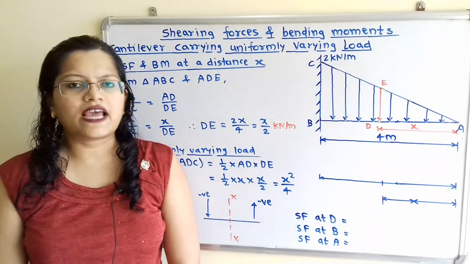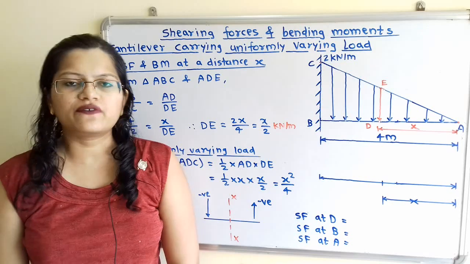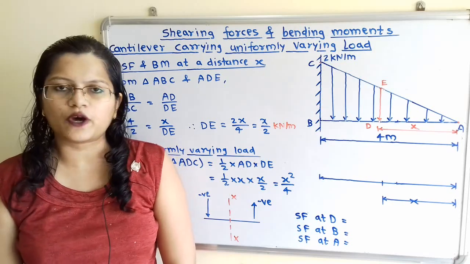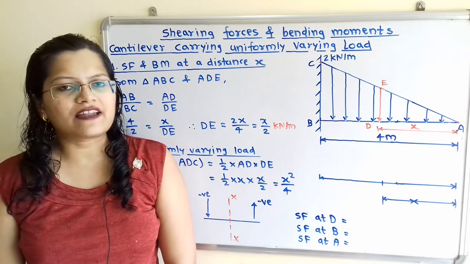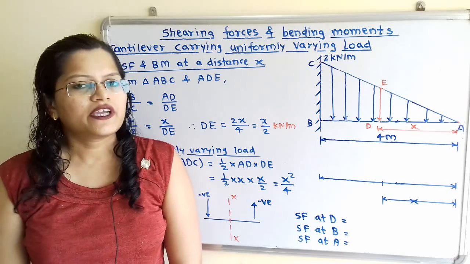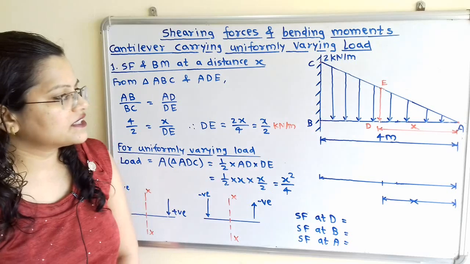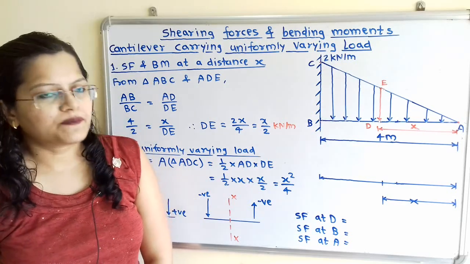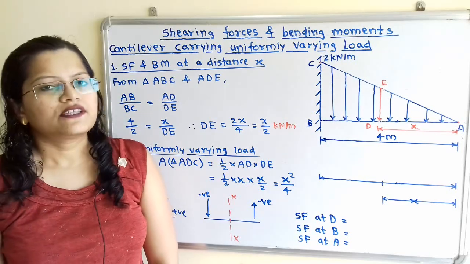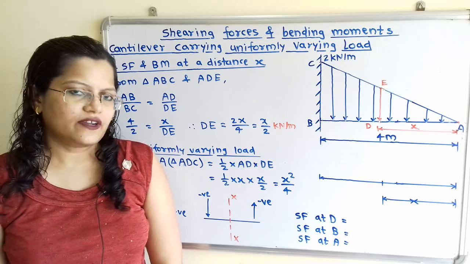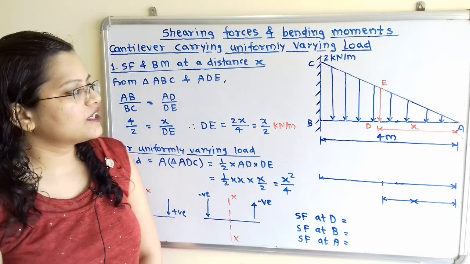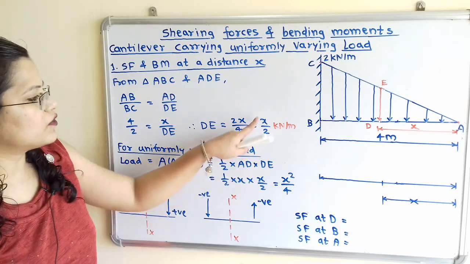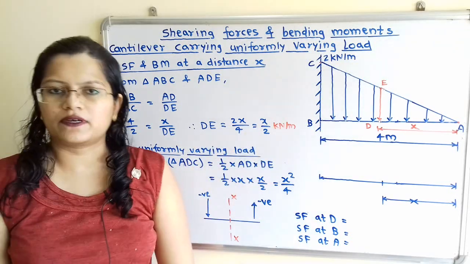We will understand how to calculate shear force at a distance x from the free end A. We have to first calculate the total load. If we observe the distance x, that is the span AD, then the load is uniformly varying, where the load at point A is equal to 0 and the load at point D is equal to x by 2 kN per meter.